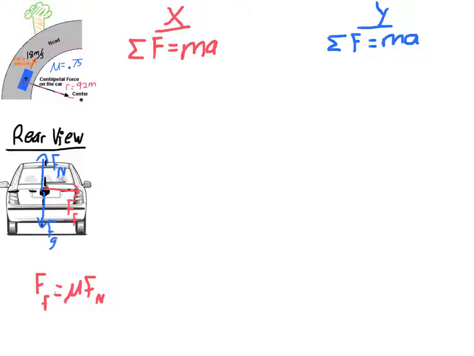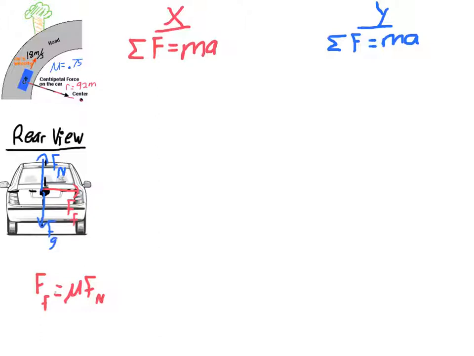An easy way to do that is solve for the maximum velocity this car can go around the road. Now I'm labeling my x-axis to be into the circle and out of the circle. So my x-axis is going along like this, where my y-axis is going up and down. Check out this rear view to get a good idea of that.